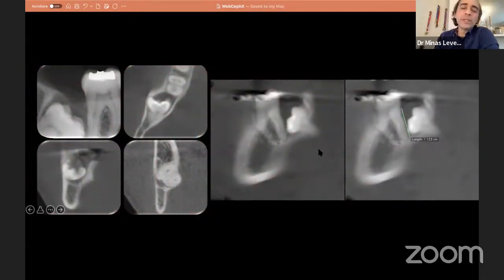And we do the scan and we visualize the extent of the problem. There is no bone at all behind the distal aspect of the root of the 7. So let's see if we can clean this and if we can save the second molar.